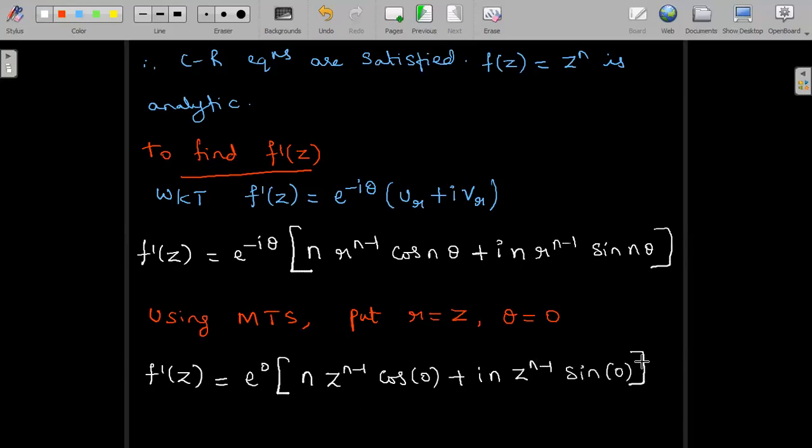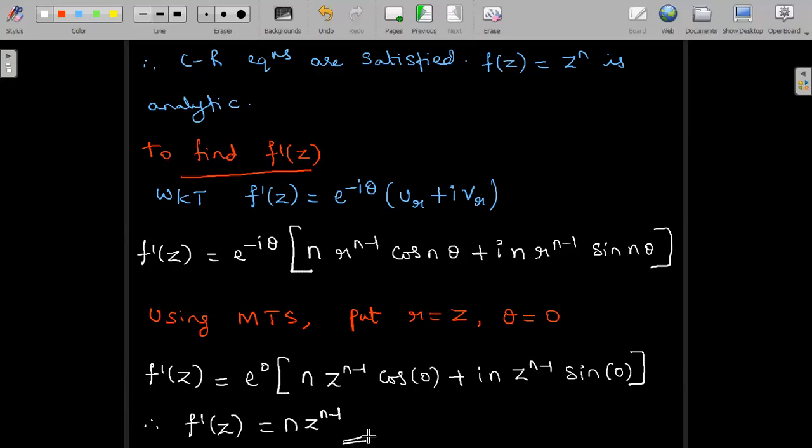Sin 0 is 0, cos 0 is 1, and e power 0 is also equal to 1. So we conclude the expression for f dash of z is n into z power n minus 1.